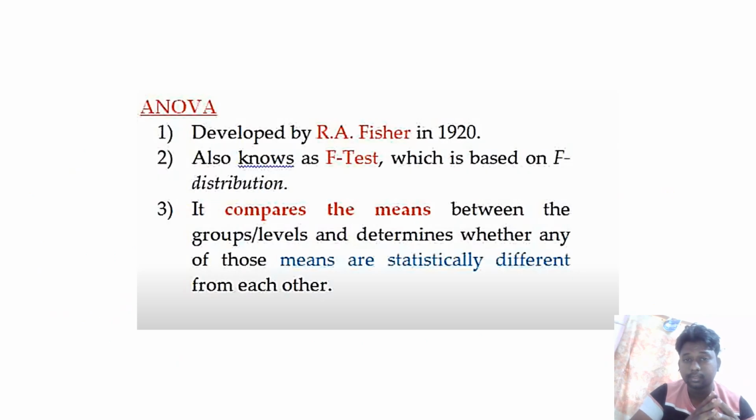ANOVA was developed by R.A. Fisher in 1920. R.A. Fisher was a British mathematician and also a biologist. ANOVA is also known as the F test, which is based on the F distribution. In the ANOVA table, we calculate using the F test method to get the test of hypothesis values.